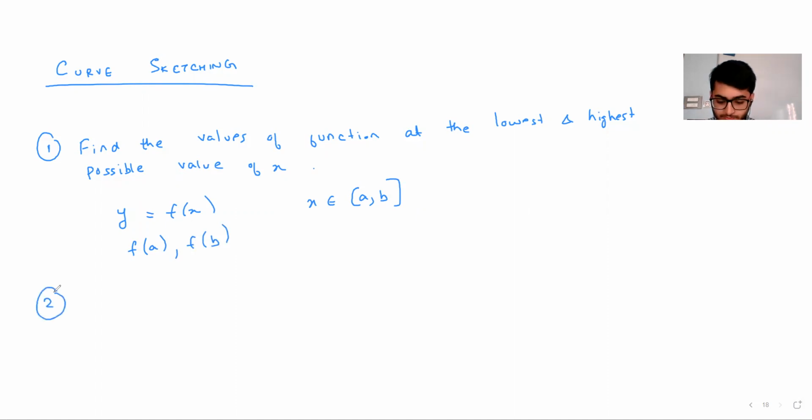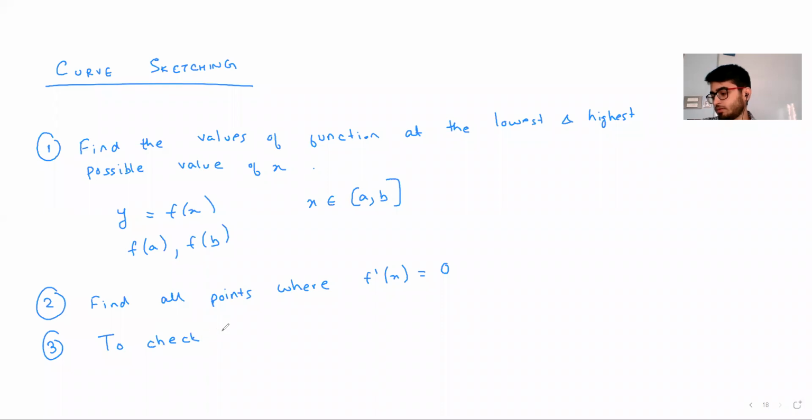Second step is to find all points where f dash x is equal to 0. This will give us the points of minima, maxima, as well as an inflection point, if any. Third, to check the shape, we need to see that if f double dash x is greater than 0, it is a convex shape.